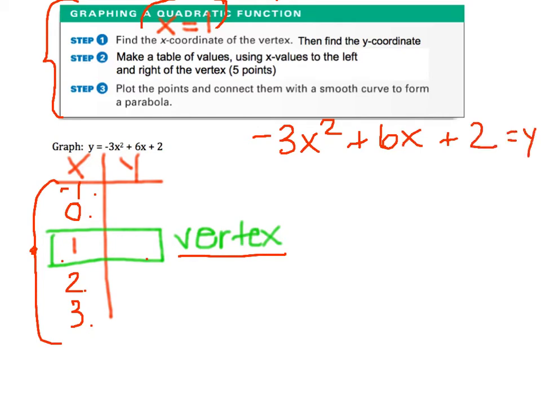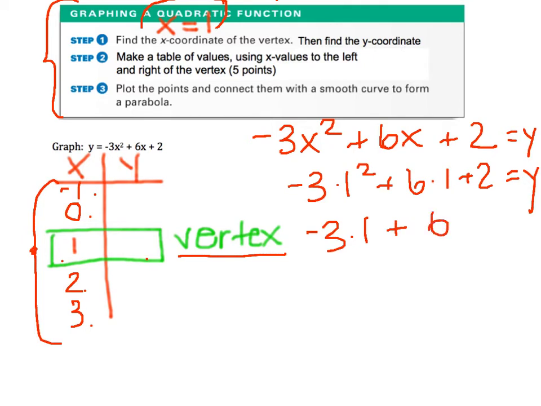So I'm going to substitute in the 1, so I'll get negative 3 times 1 squared plus 6 times 1 plus 2, and that will give me my y value. So negative 3 times 1 squared is negative 3, plus 6 times 1 is 6, plus 2. So I'll get negative 3 plus 6 plus 2. When I add those all up, I should get y is equal to 5.